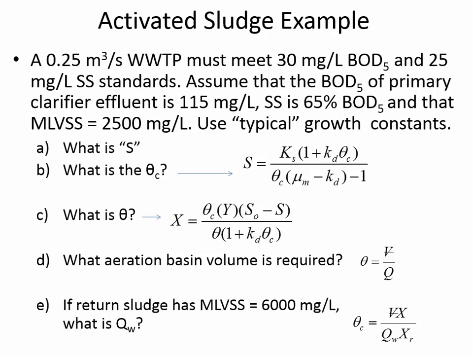I'd recommend you take good notes because this is the exact thing you're going to do for the homework assignment. What we have is a treatment plant that is designed to have an inflow Q of 0.25 cubic meters per second. So 0.25 cubic meters per second is the flow rate coming in. And its limit is suspended solids can be 25 milligrams per liter.